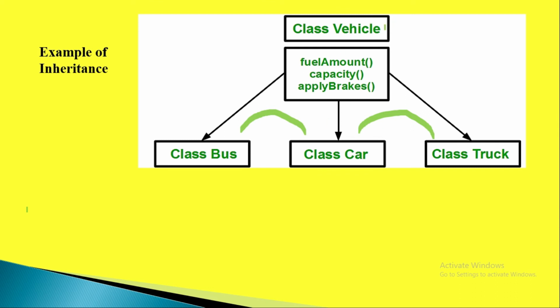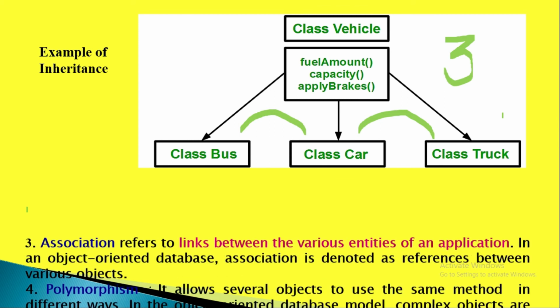So through a single class vehicle you can have 3 more classes generated automatically here, which saves lots of time and lots of effort.